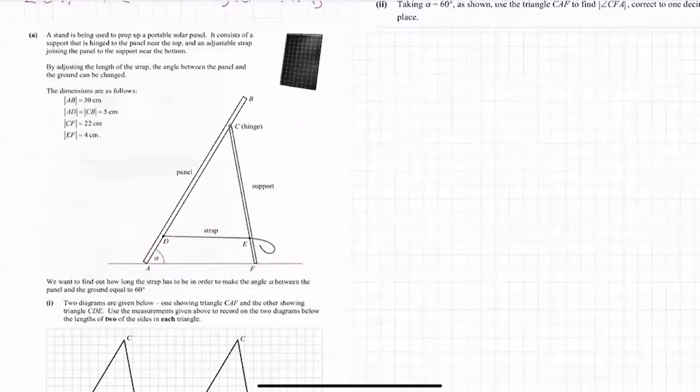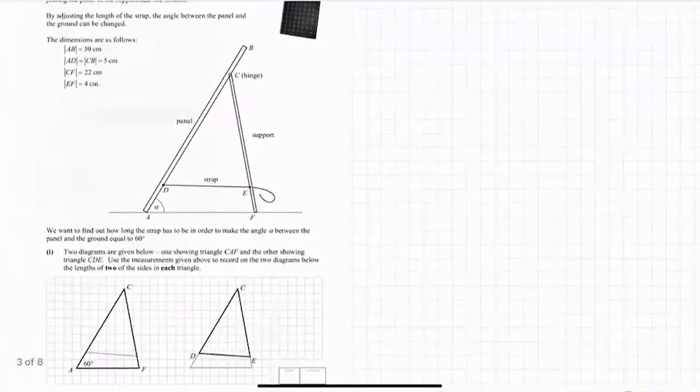Okay, the dimensions are as follows. AB is 30. AD is equal to CB, so the two ends, is equal to 5. CF is equal to 22. EF is equal to 4.